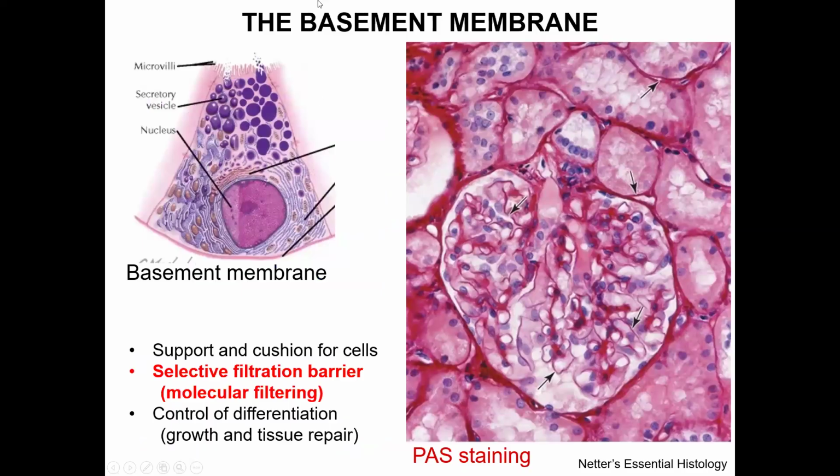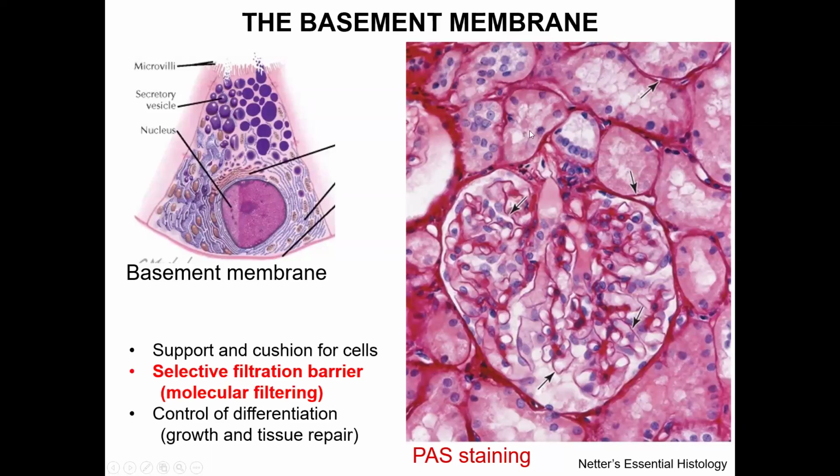Now, about the basement membrane, I mentioned already that the epithelial cells rest on a basement membrane, and they are quite tightly associated with this basement membrane that is an extracellular structure. The basement membrane contains many glycoproteins.